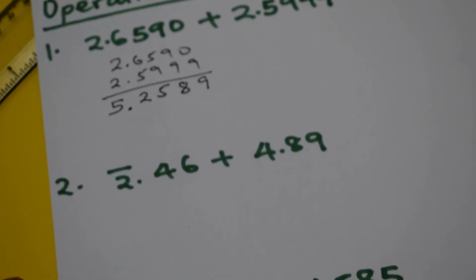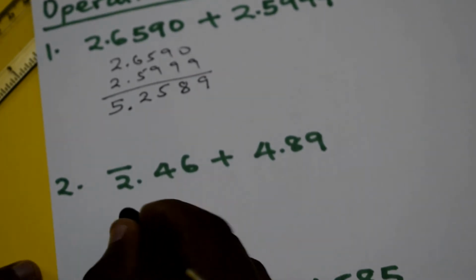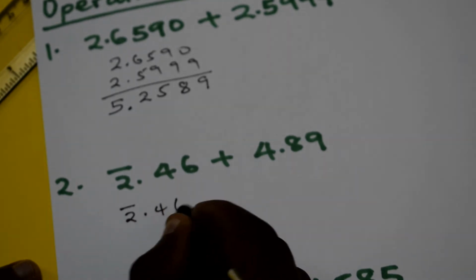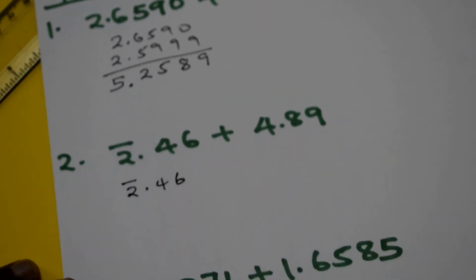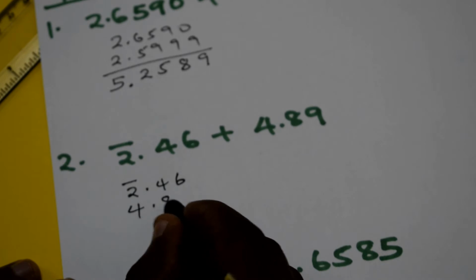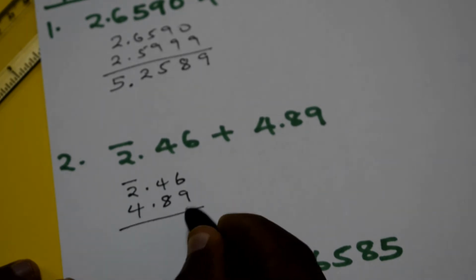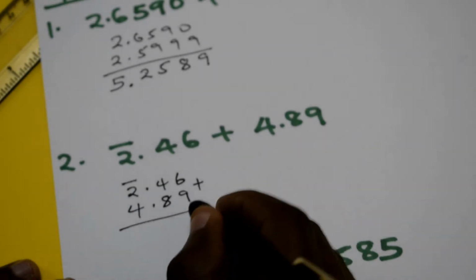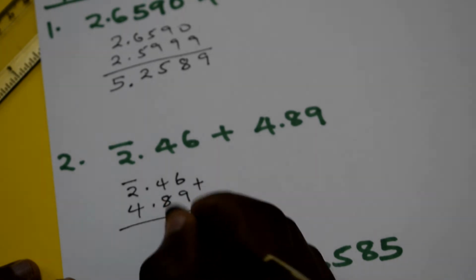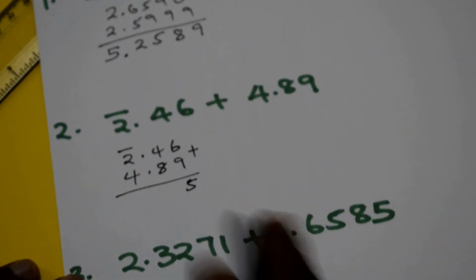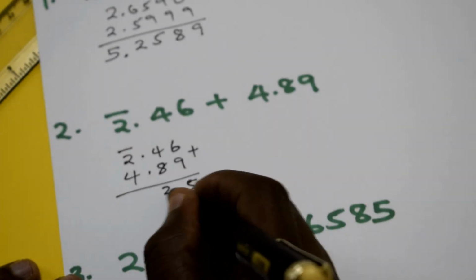We can also add one with a bar. So this is bar 2.46 added to 4.89, and therefore we add the 2, we get 15. This is going to give us 13.